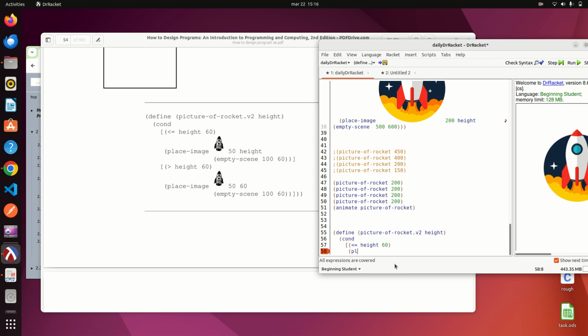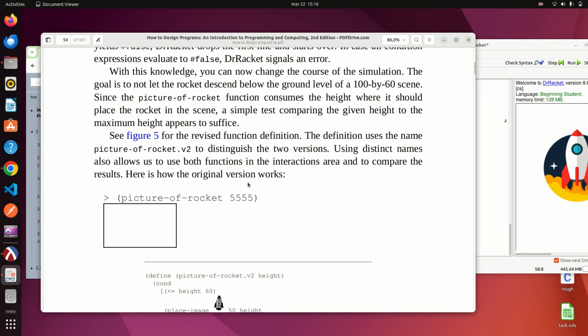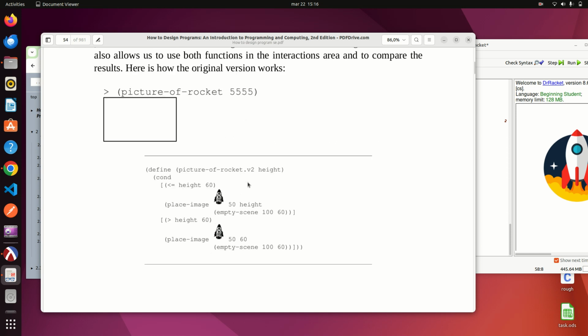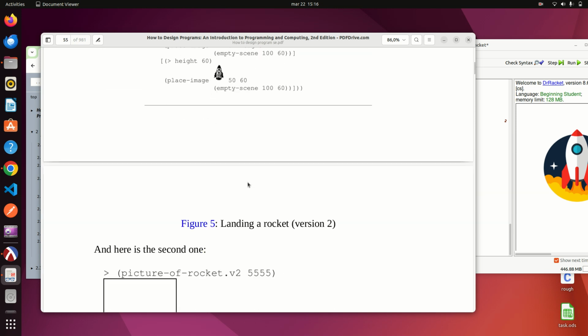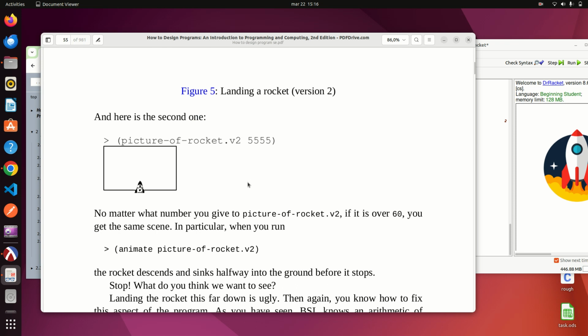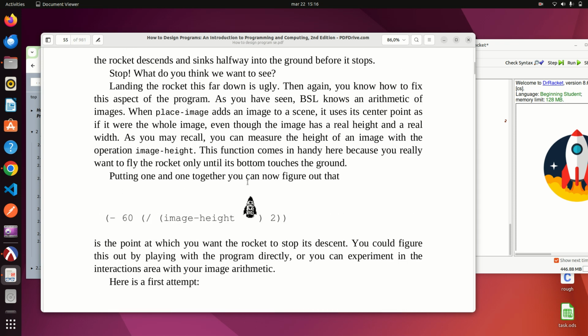Do I have the place image? What it's trying to do is put it right at the bottom, but yeah, this is what I'm saying.